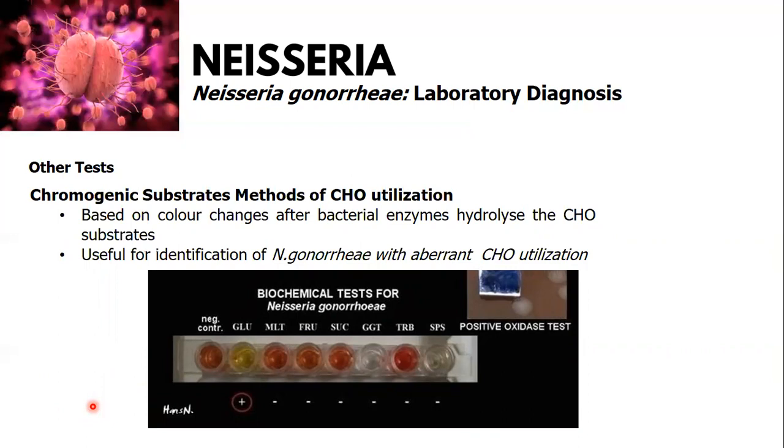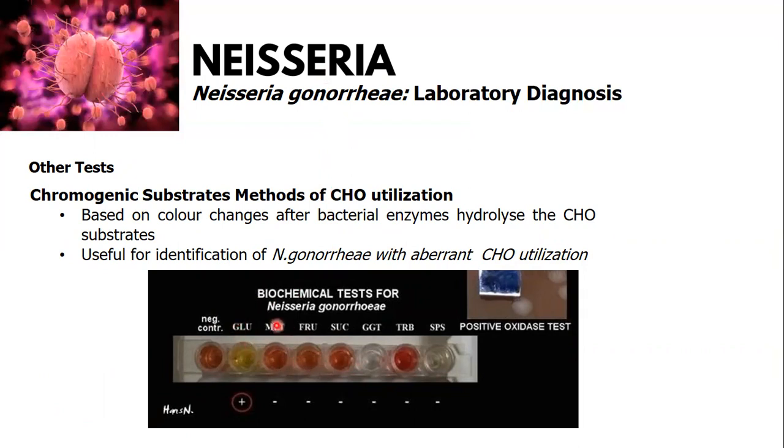Carbohydrate utilization test can also be done using other methods. We have here the chromogenic substrate method. This is a test strip that contains wells, and each well contains carbohydrate substrates. If Neisseria species are inoculated, the bacterial enzymes produced by these organisms would hydrolyze the carbohydrate substrate present.